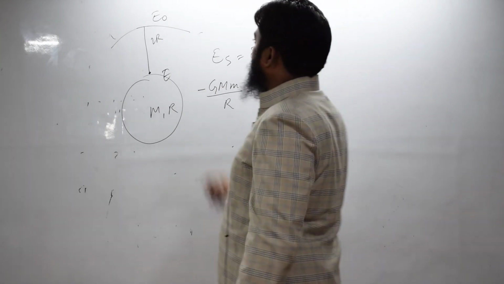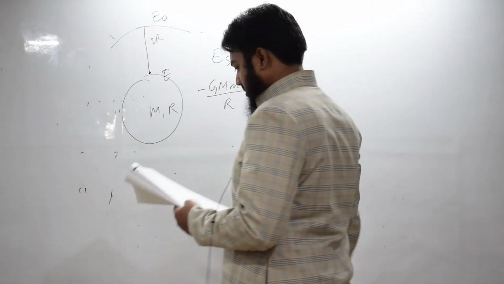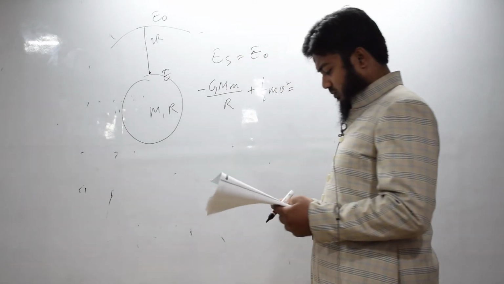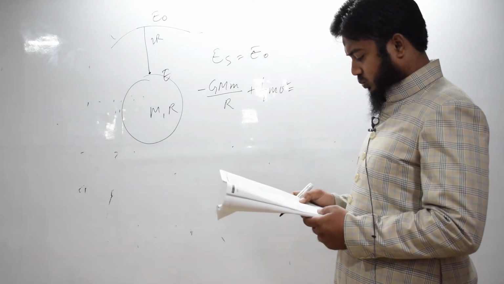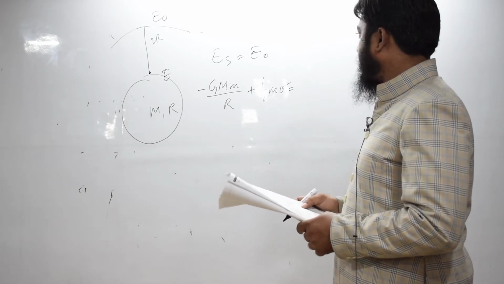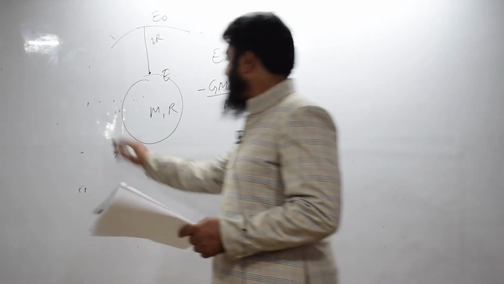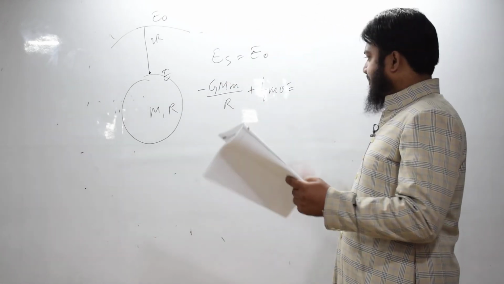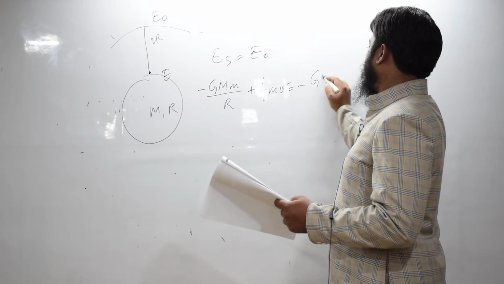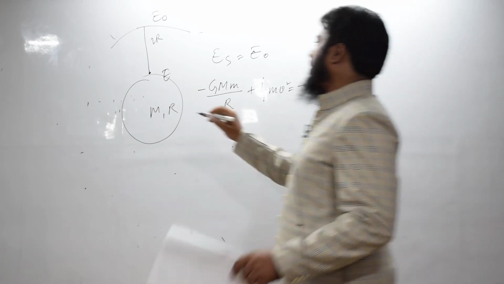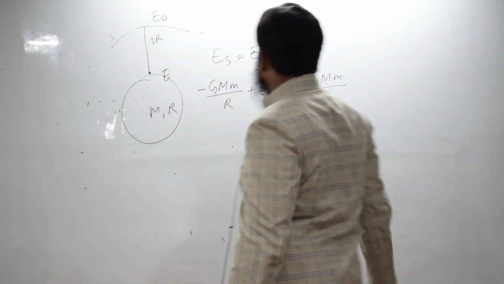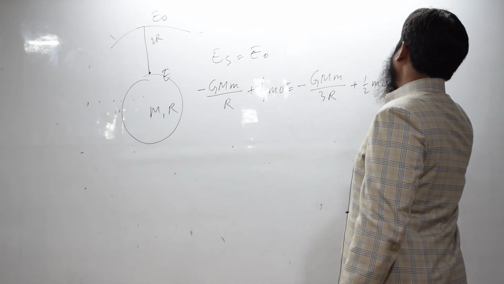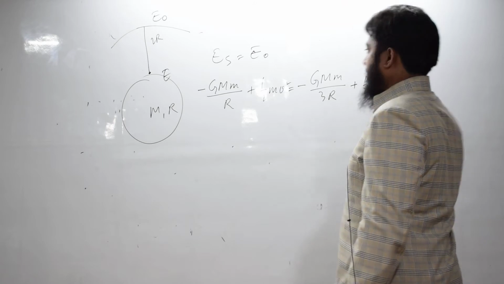This is equal to the potential energy, minus G M m upon the radius of the orbit, which is 3R, plus half m v orbital square.